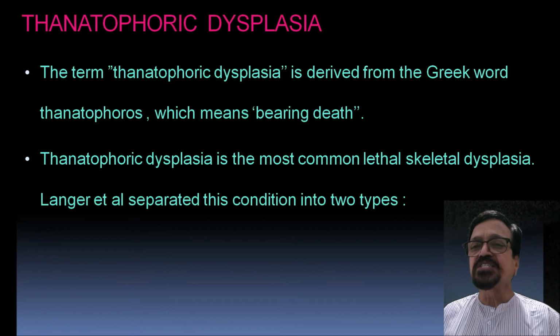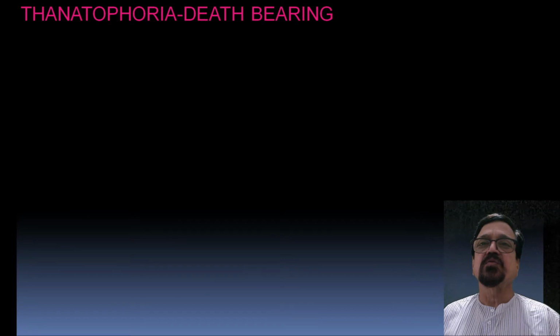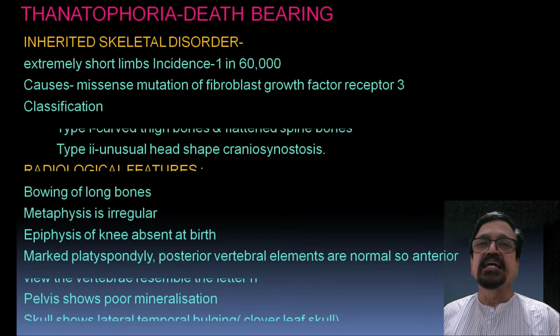Thanatophoric dysplasia is the most common lethal skeletal dysplasia. Langer et al. separated this condition into two types, type 1 and type 2. Now, thanatophoria, that is death bearing.